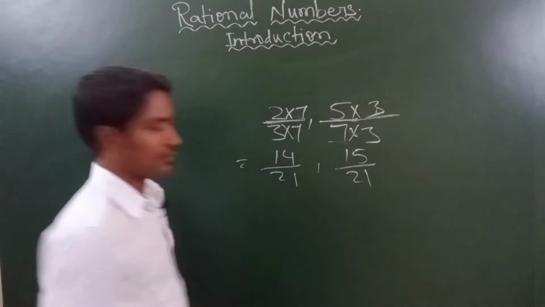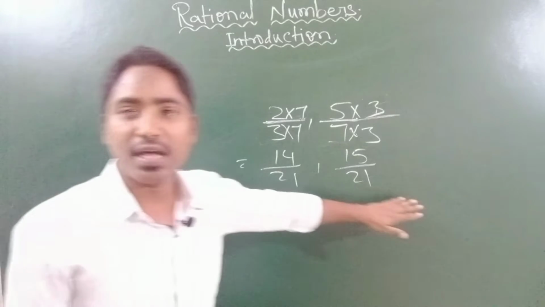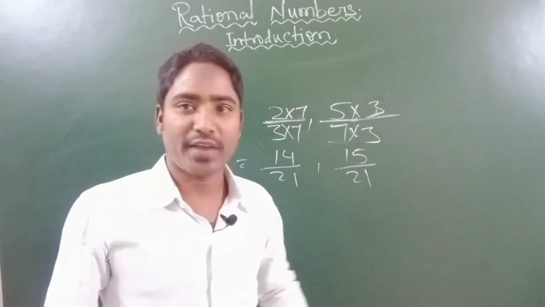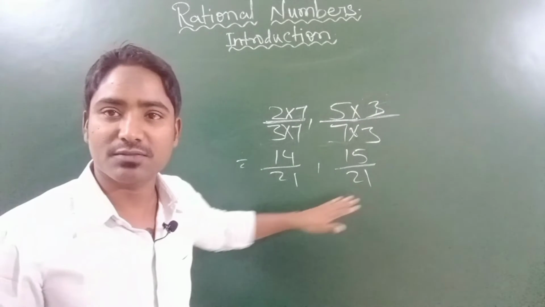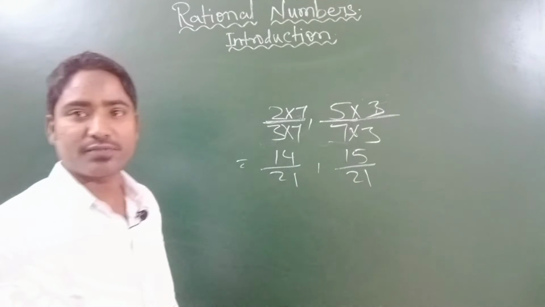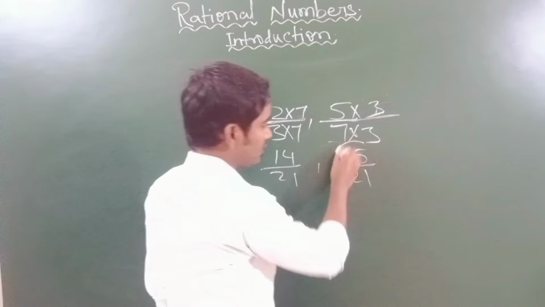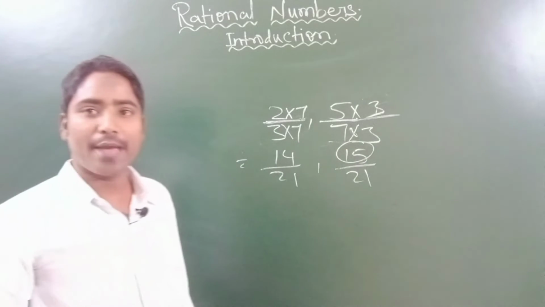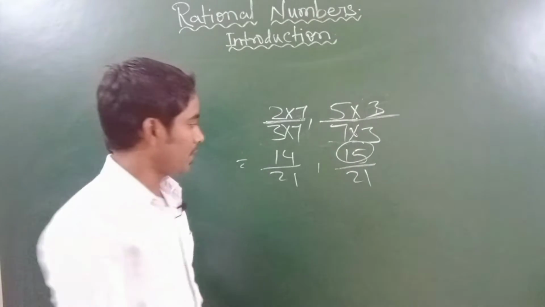Okay, now we got both of the like fraction, but I am not teaching you fraction. So here we got 2 rational numbers with same denominator. Okay, so which one will be greater? Now it's very easy for you. So here the numerator with greater value will have its overall greater value.